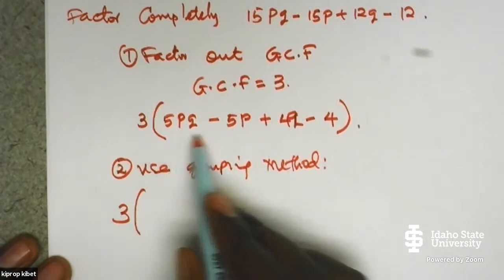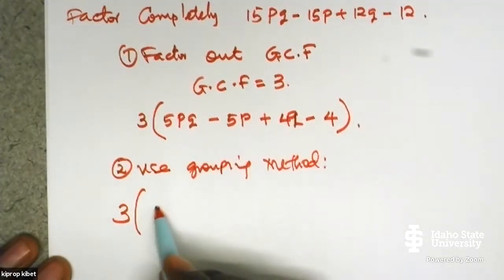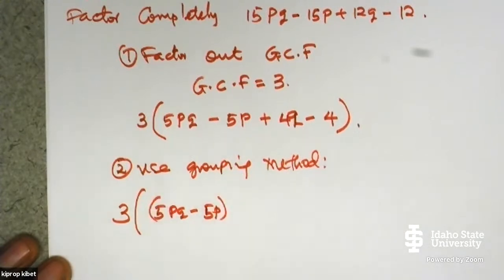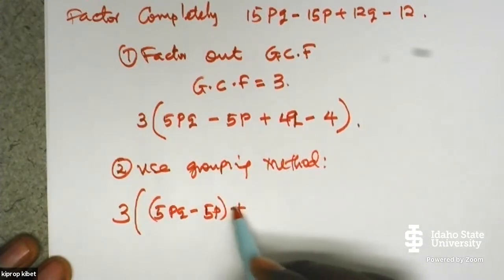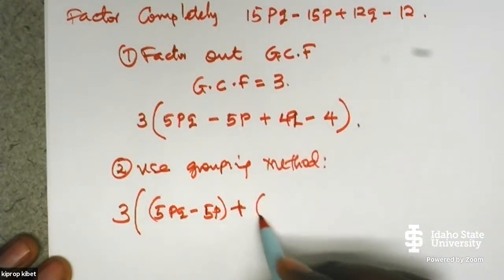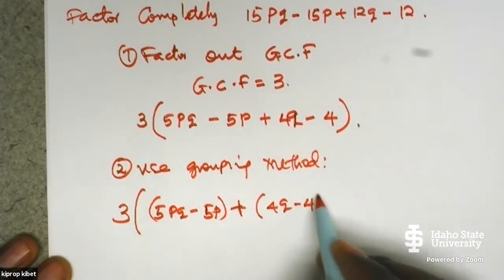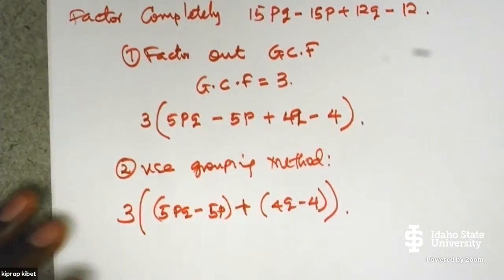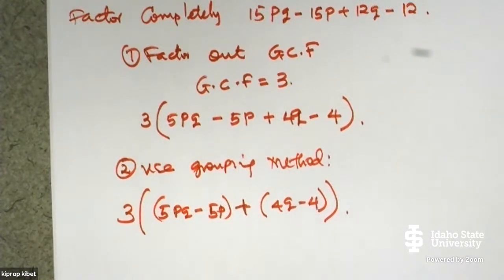Do not forget the 3 outside. We group the 2 of them: 5PQ minus 5P, we group that, and that plus 4Q minus 4. Since this one is plus, it doesn't affect the 4Q minus 4. It's still the same.